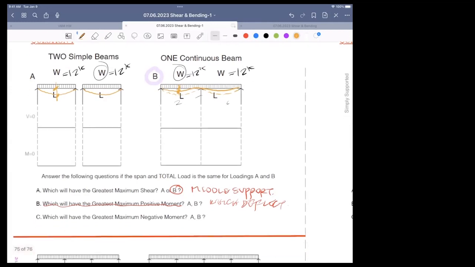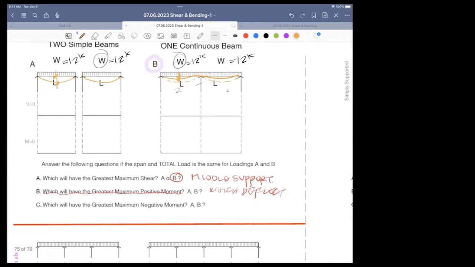So my answer to this one is the deflection of A is greater than the deflection of B, which implies the moment of A caused by the deflection is greater than the moment of B. That's my answer to this one.